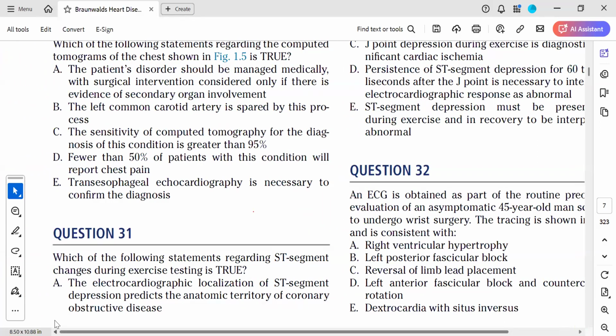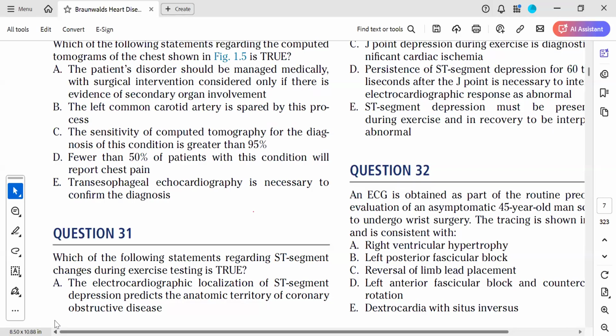We know that is not true, because unlike ST segment elevation, which helps us to localize lesions, ST segment depression does not have that capacity to help us delineate the location of the lesion. If the option was ST segment elevation, that would have been true.